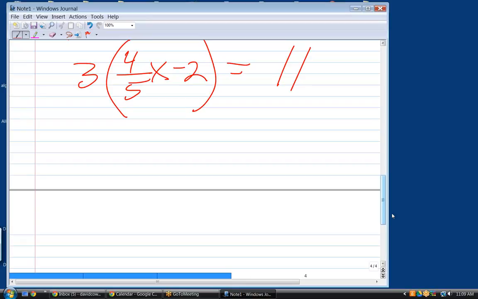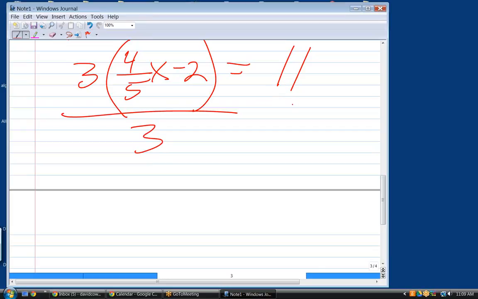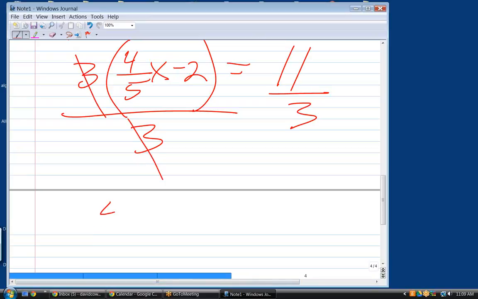Multiplying. Okay, so what do I need to do to get rid of it? Divide. Okay, so I'm going to divide the entire left side by 3, the entire right side by 3. Now I've gotten rid of the 3 on the left side, and I've simplified it even more. Now I got this.